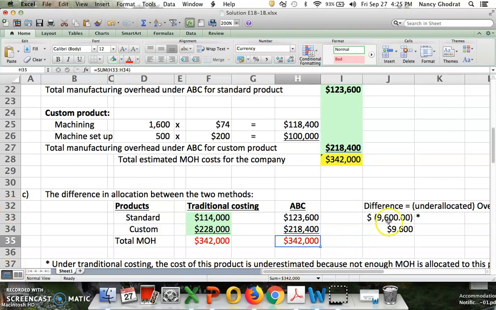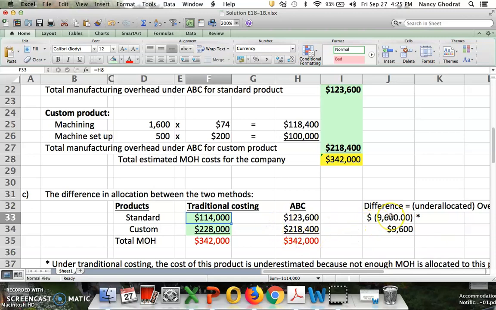If you compare the two approaches, you will see that under traditional costing, we're not giving enough manufacturing overhead to the standard product, the standard handbag. Therefore, when we set the selling price, it is not reflecting the true cost.